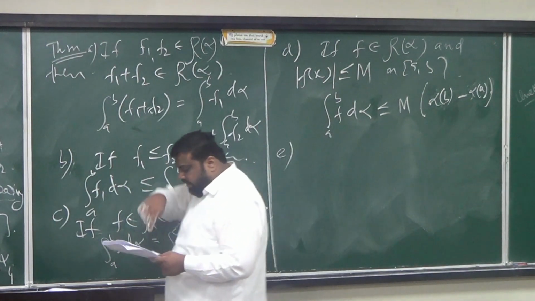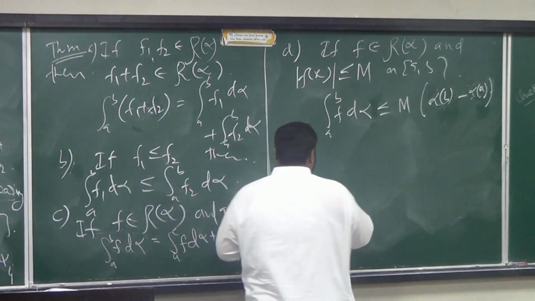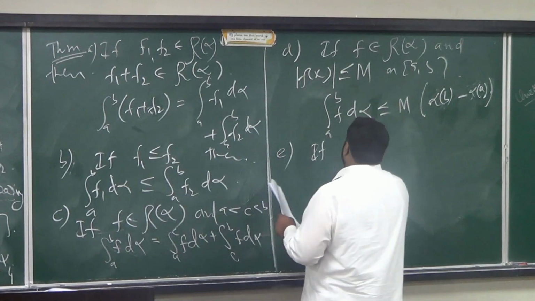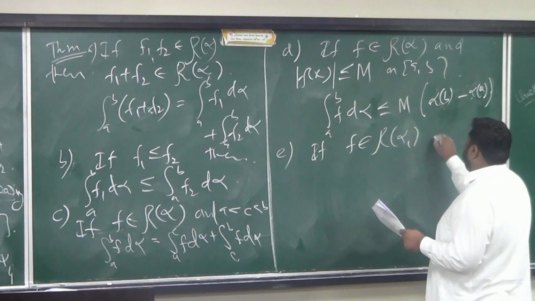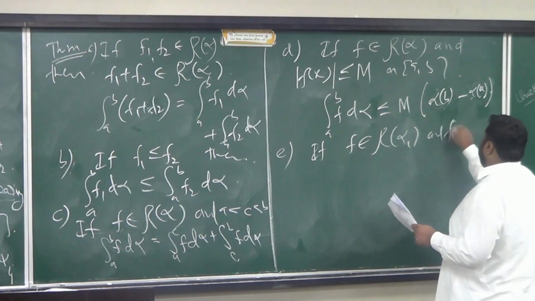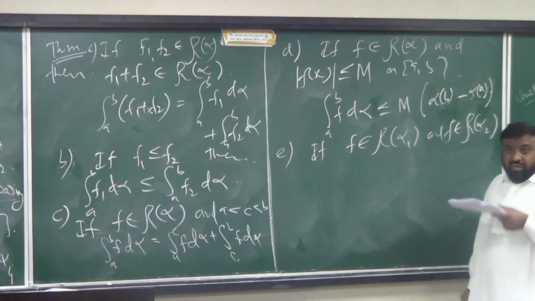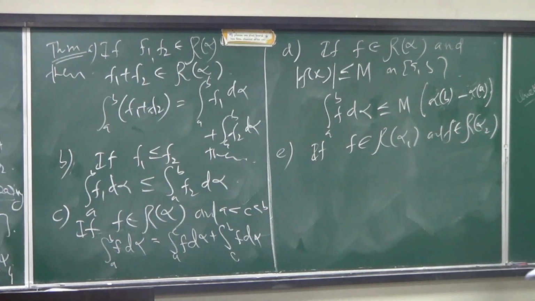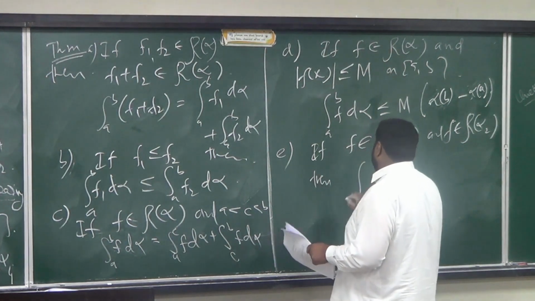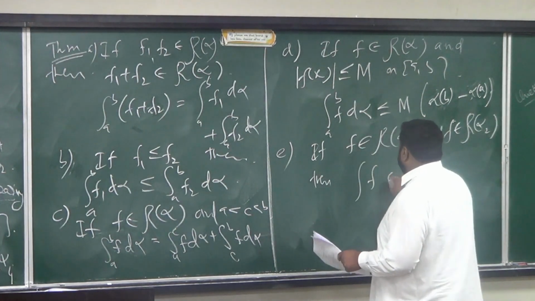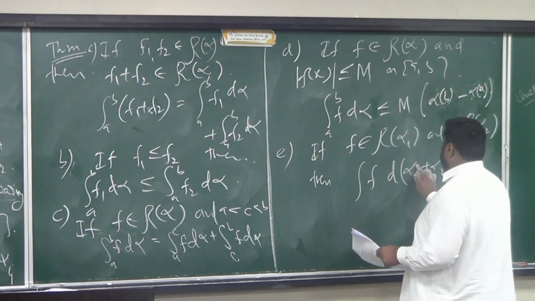Part E of the integral is that if f is Riemann integrable with respect to alpha 1, and it is also Riemann integrable with respect to alpha 2, then you can ask, can I integrate it with respect to the sum of these two alphas?